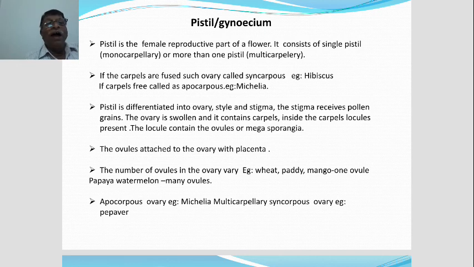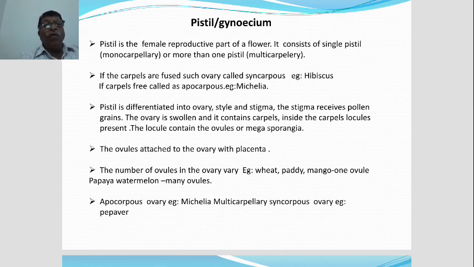Multicarpellary apocarpous pistil, a very important NEET or CET point. Even in Sitaphal, what we call Sitaphal and Ramphal, multicarpellary apocarpous ovary is there.